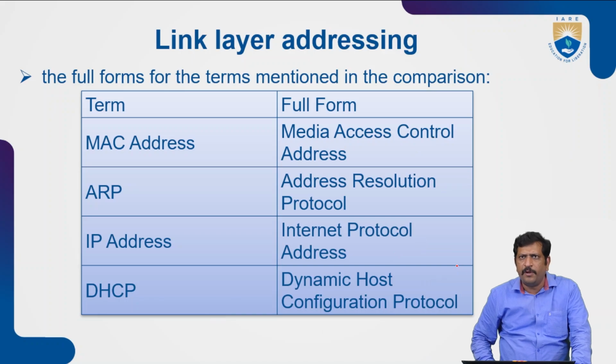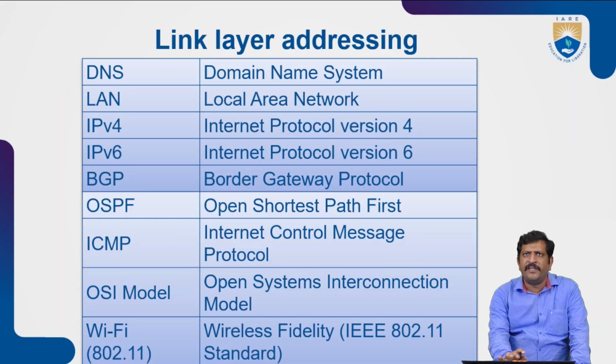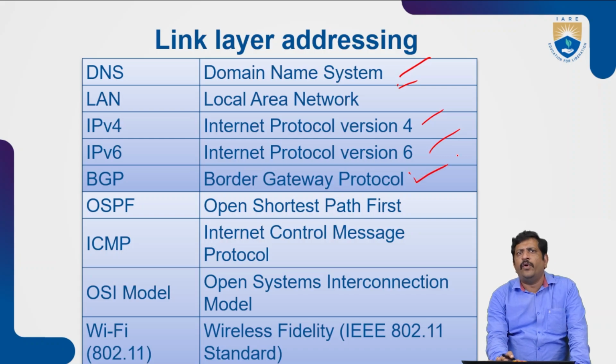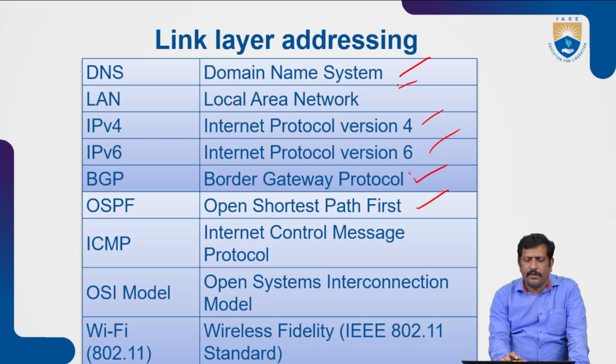DNS means domain name system. LAN means local area network. IPv4 is internet protocol version 4, and IPv6 is internet protocol version 6. BGP means border gateway protocol, and OSPF means open shortest path first.